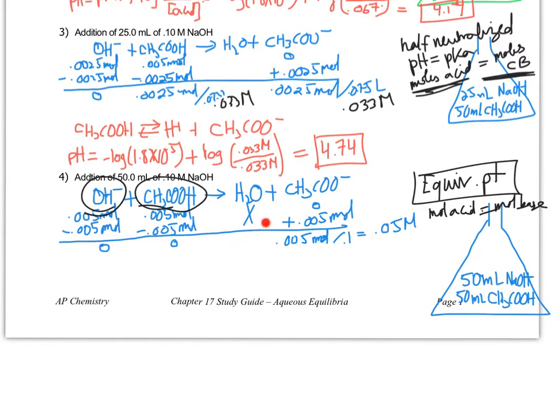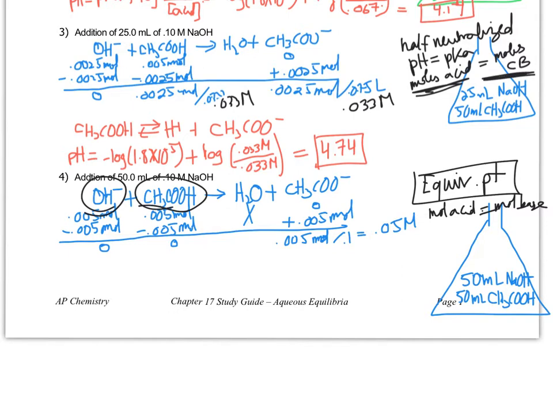Well, I form water, which has a pH of 7, but I also form acetate ion, which can undergo hydrolysis. And since that's my only species that is left in the water, the way to find the pH of an ion is by doing a hydrolysis reaction and doing an ice chart for it. So let's do that.